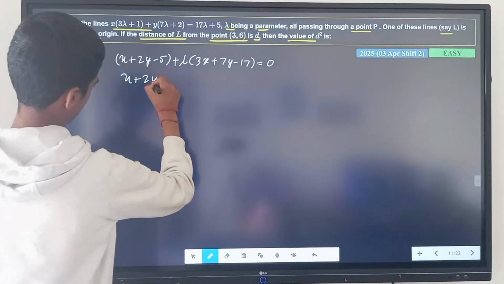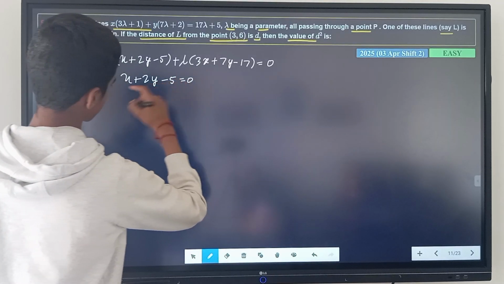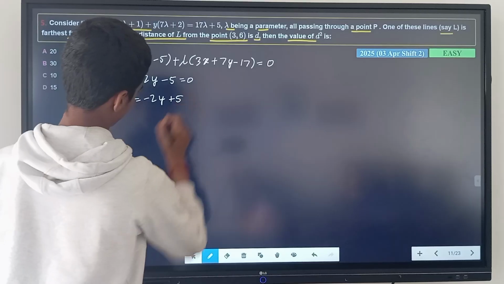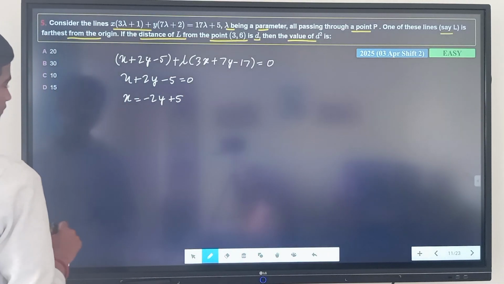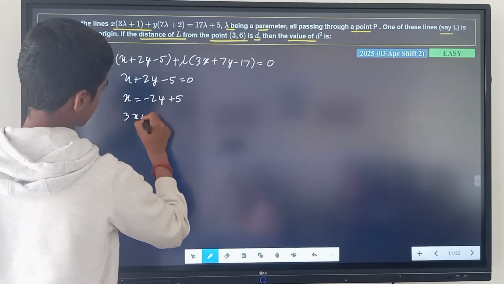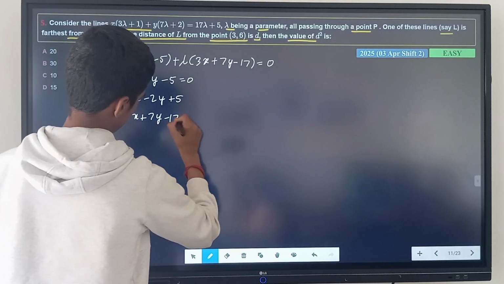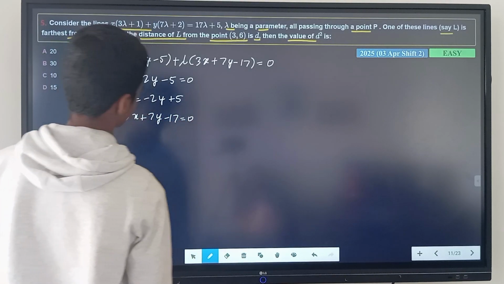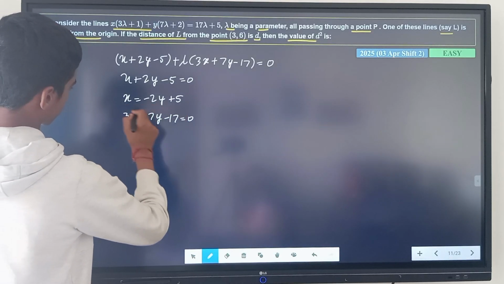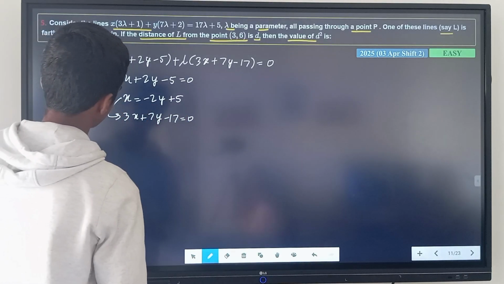Now this line will pass through the intersection of these two lines. x plus 2y minus 5 is equal to 0. We can write this as x is equal to minus 2y plus 5, and 3x plus 7y minus 17 is equal to 0. Now let's substitute x is equal to minus 2y plus 5 in this line.